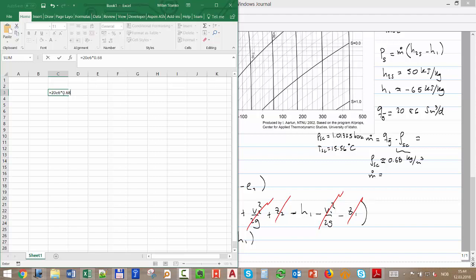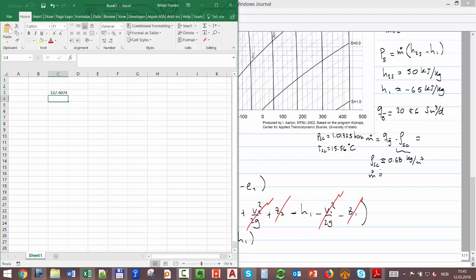Okay, and that will give me kilogram per day, and I have to transform it into kilogram per second, to be able to multiply times the enthalpy, such that I will get watts. So I have to change days to seconds. How much is that? I have to divide by 24 times 3600.